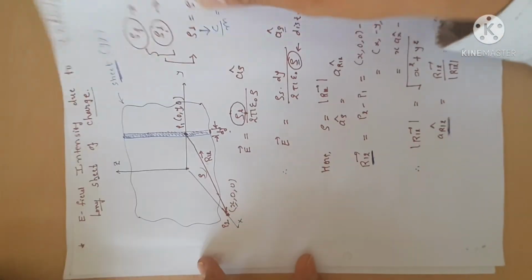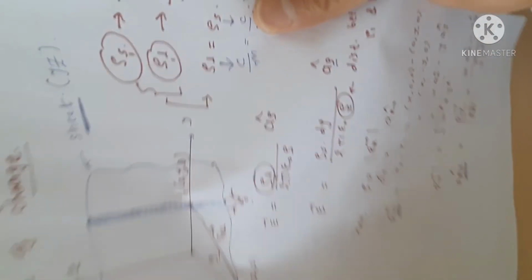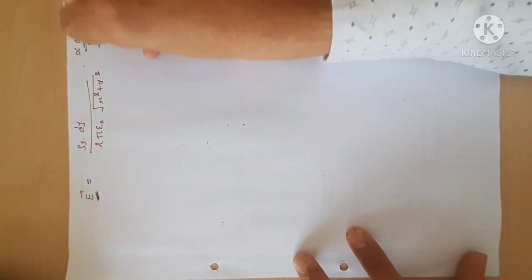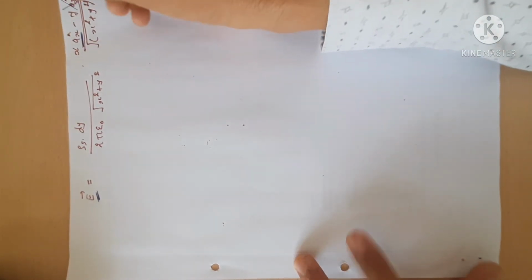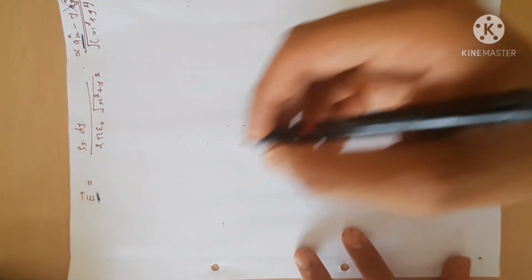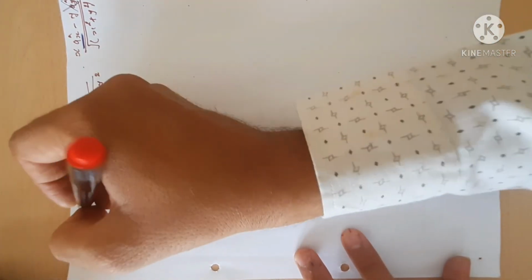So the electric field due to this infinite plane is in the x direction. So here we have to just consider x ax and neglect y ay, because the electric field is present only in the x direction, not in the y direction.